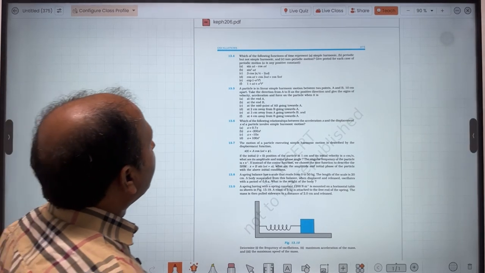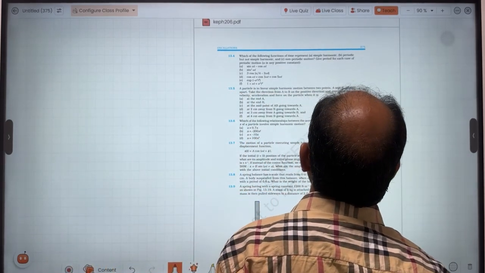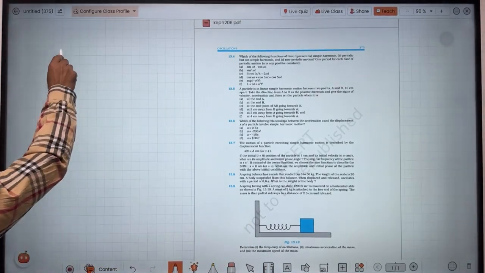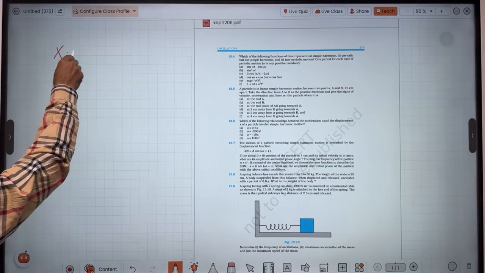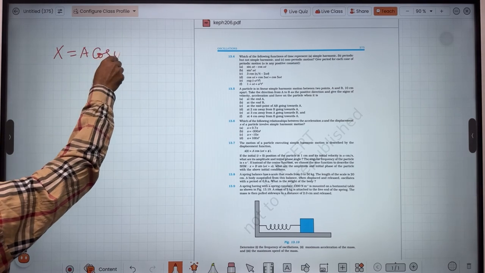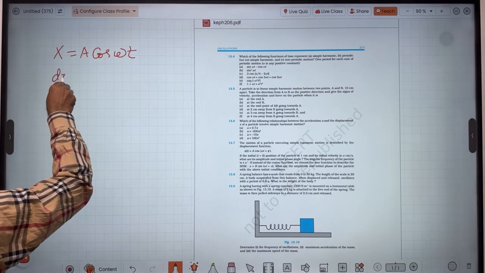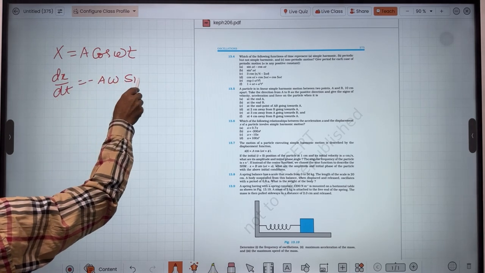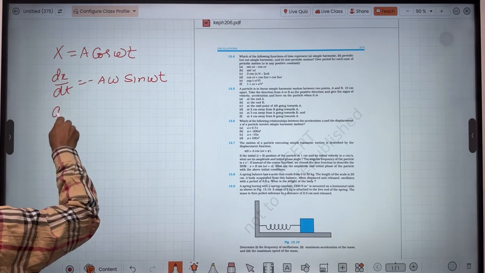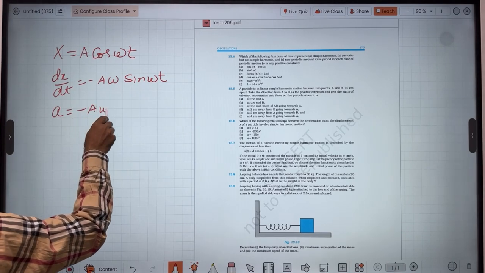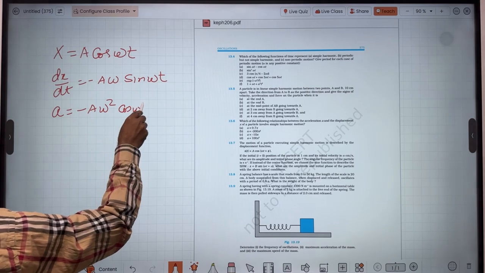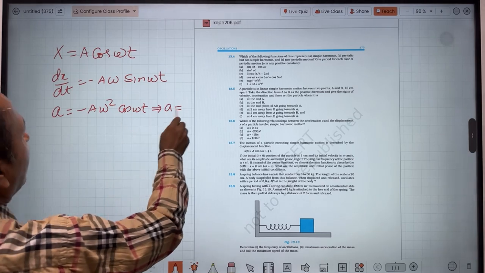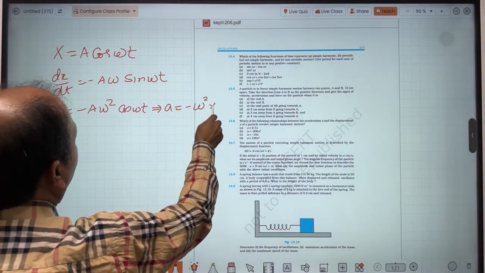What is next question? It says, which of the following relationship between the acceleration and a displacement of a particle involves simple harmonic motion? So if you remember the basic relation when we started, like x equal to a cos omega t, then we write dx upon dt, which gives minus a omega sine omega t, and when we write acceleration, so for this we write minus a omega square cos omega t, or a is equal to minus omega square x.